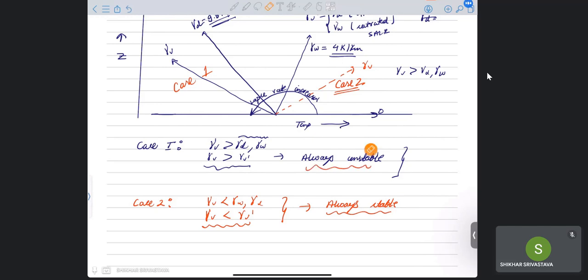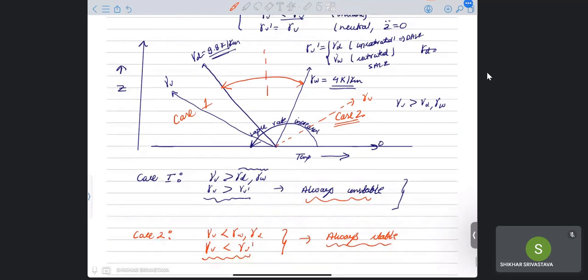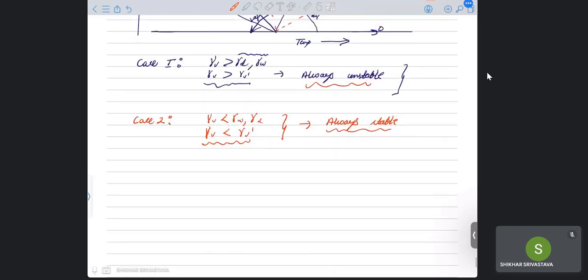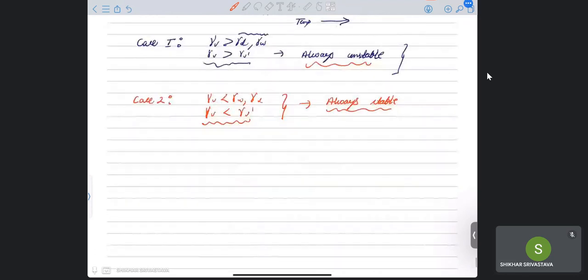Now in between these two cases, if the environment lapse rate is lying somewhere between gamma D and gamma W, somewhere here, this is called case 3.